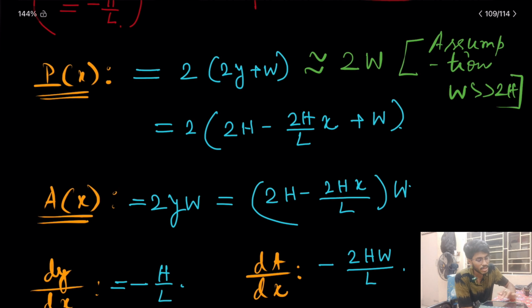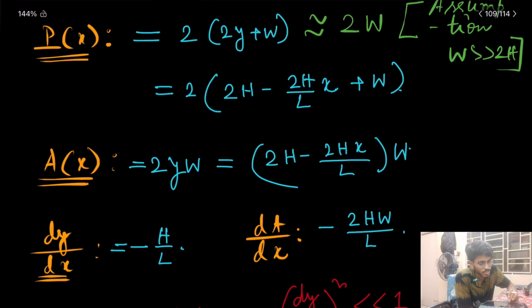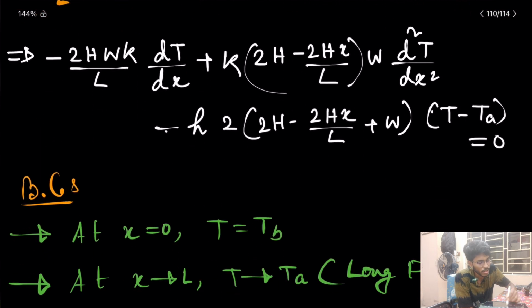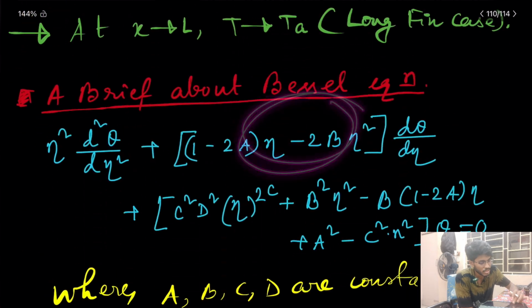So then my perimeter is becoming 2 into W, right? Then this whole part will not be there.